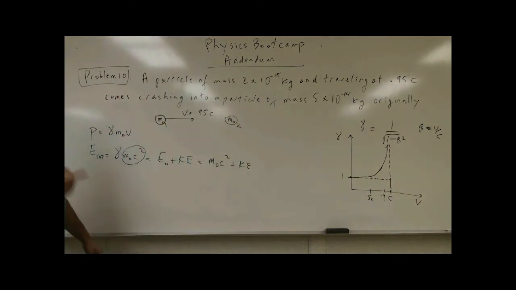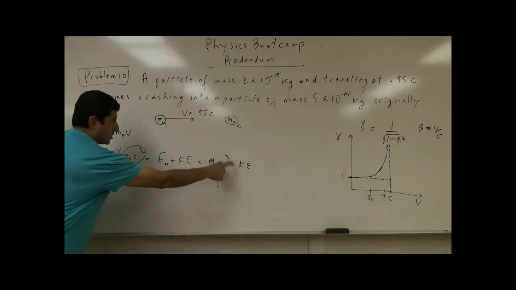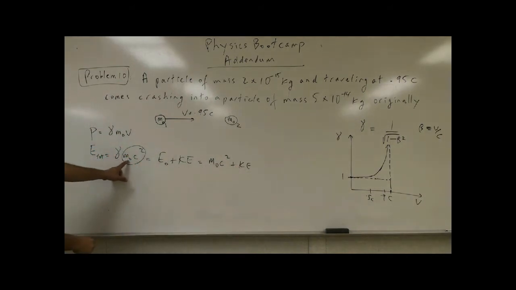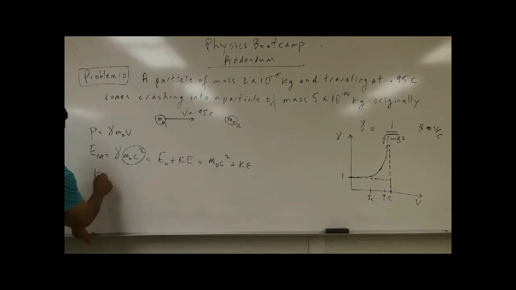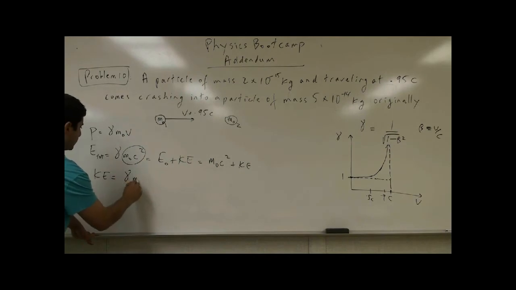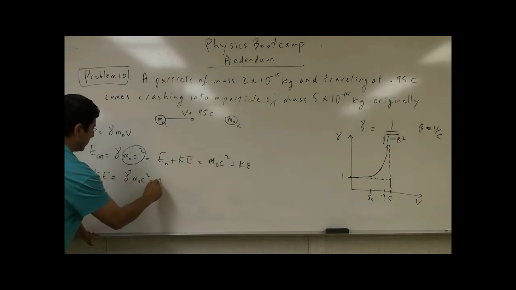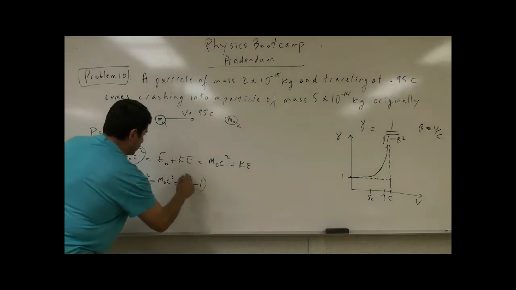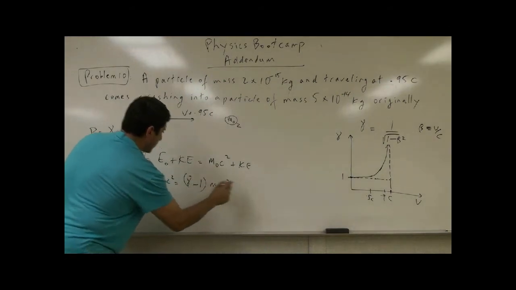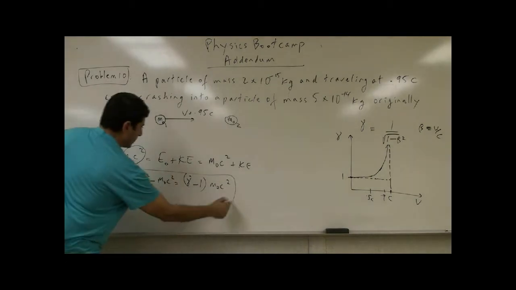What would be the relativistic equation of kinetic energy? Since m0 c squared plus kinetic energy is equal to gamma m0 c squared, solving for kinetic energy, the m0 c squared comes to this side and you get gamma m0 c squared minus m0 c squared, and then gamma minus 1 times m0 c squared. So this is the equation for kinetic energy.